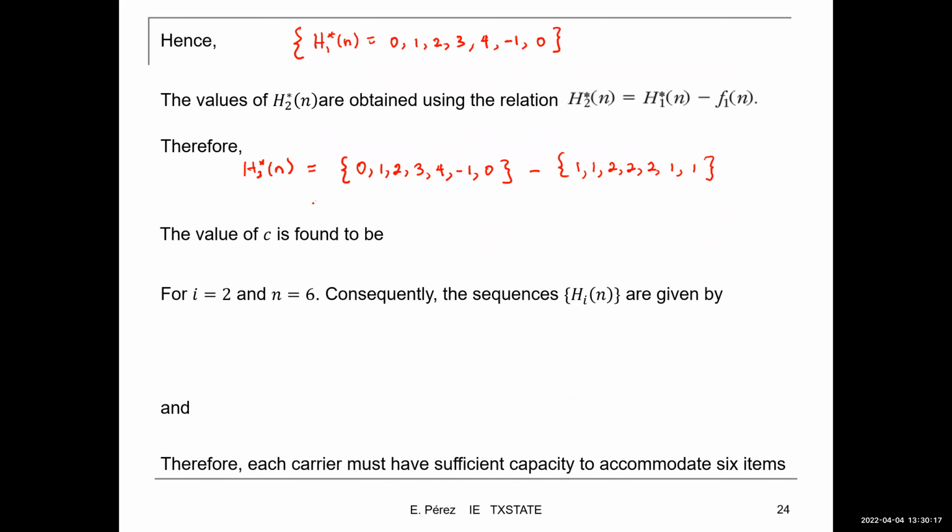So H2 star of n equals 0 minus 1 is minus 1. 1 minus 1 is 0. Then we have 0 again. 1, 2, minus 2, and minus 1.